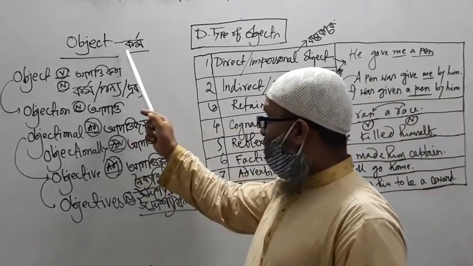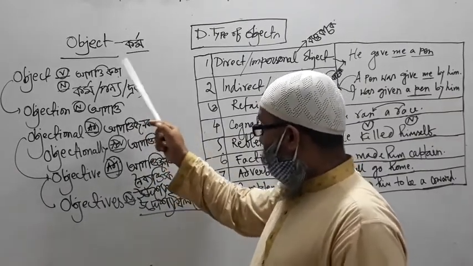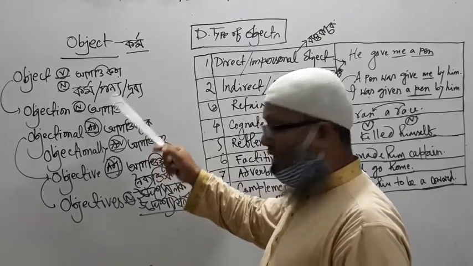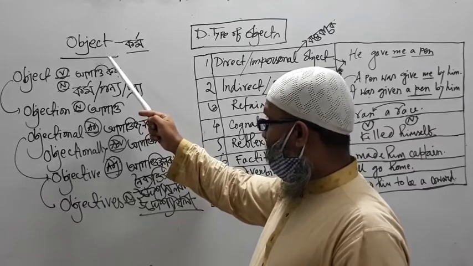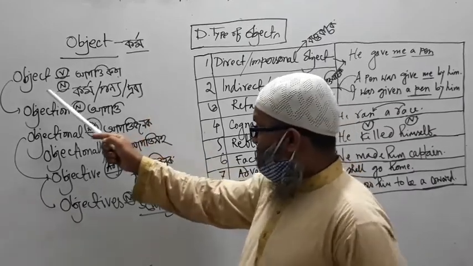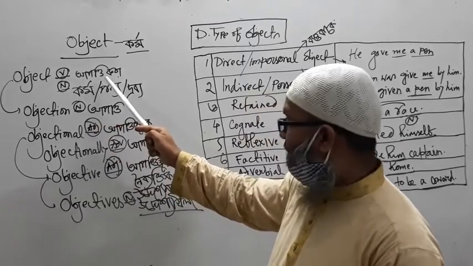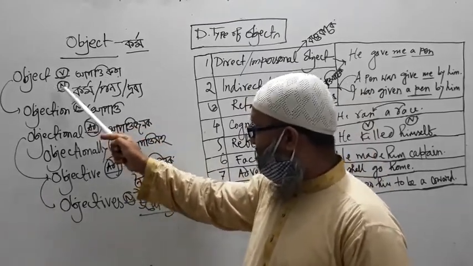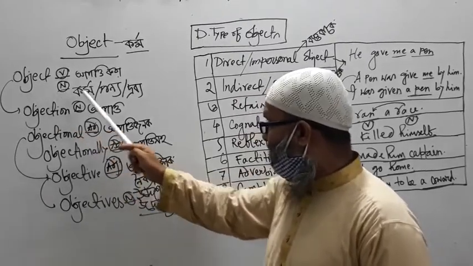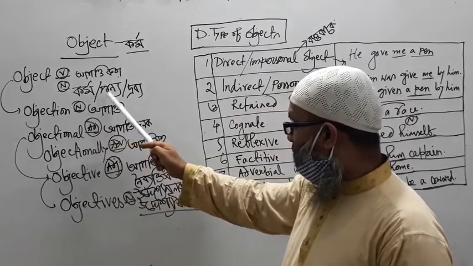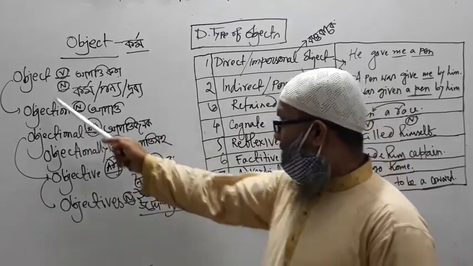Object is kormo. Basically the meaning is kormo, and it may be in different forms of other parts of speech. It is a changeable word. That's why it can change its form. See that object, when it is a verb, then its Bengali meaning is apotti kora. And object is also considered a noun, and when it is a noun, then the Bengali meaning is pormo, porno, drobbo, and those are the meanings.